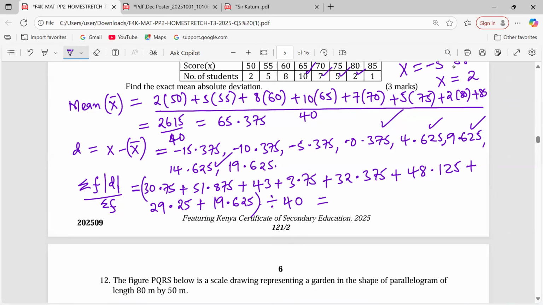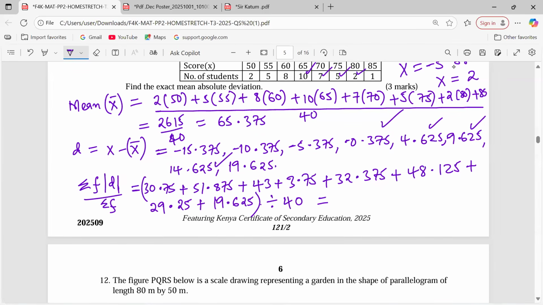So we can slowly compute the addition. We compute the additions. I think I should confirm this. Let me confirm. 30.75, I add 51.875.